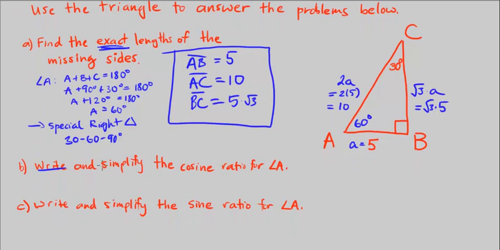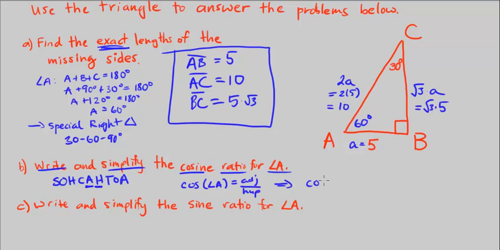Part B asks to write and simplify the cosine ratio for angle A. Well, we know from the acronym SOHCAHTOA that when we're looking for cosine, it's just the adjacent side divided by the hypotenuse. So cosine of angle A, which is 60 degrees, is equal to, well, what's the adjacent side to this angle?